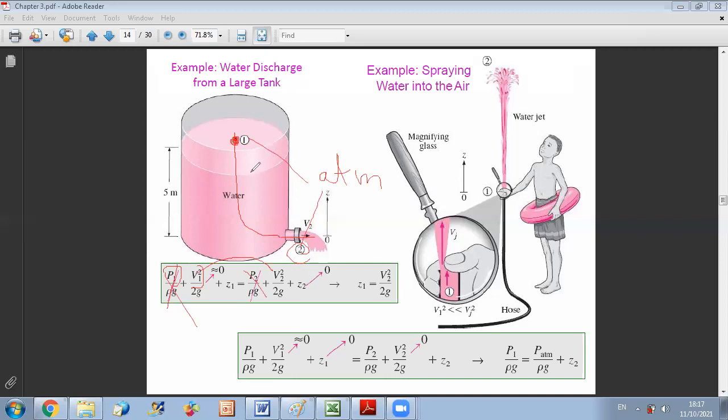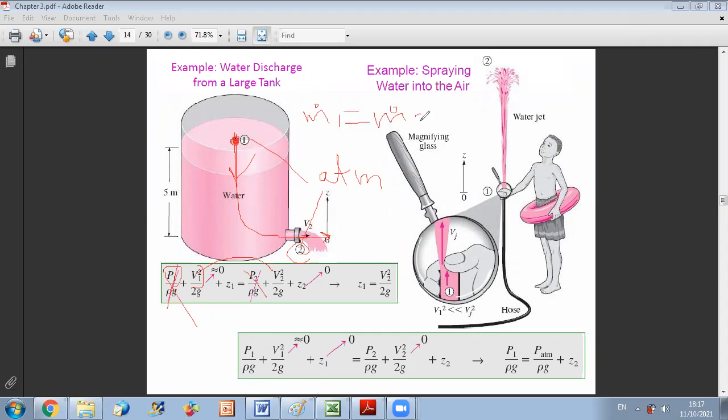This is the case here. Why? Because here, due to conservation of mass, the velocity of water that is going down can be related to the velocity that is exiting by applying the continuity of mass. So I can write that m dot 1 is equal to m dot 2.